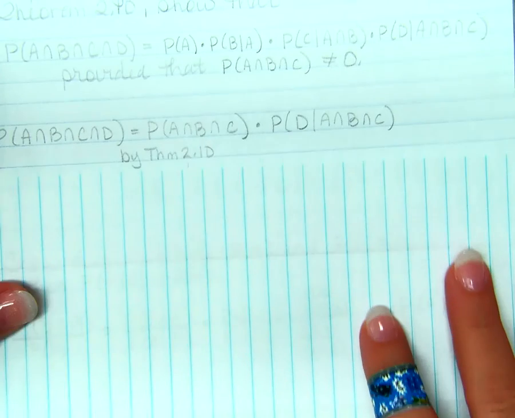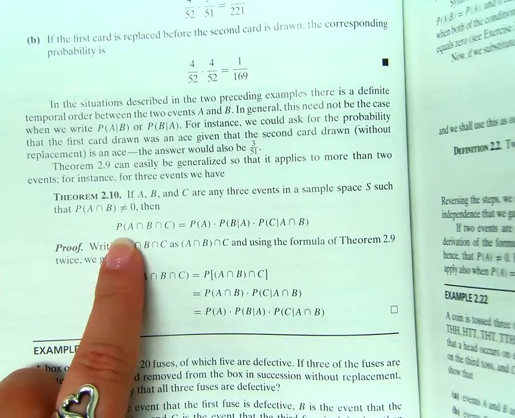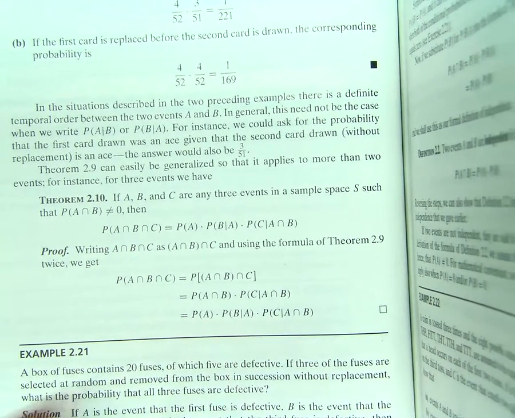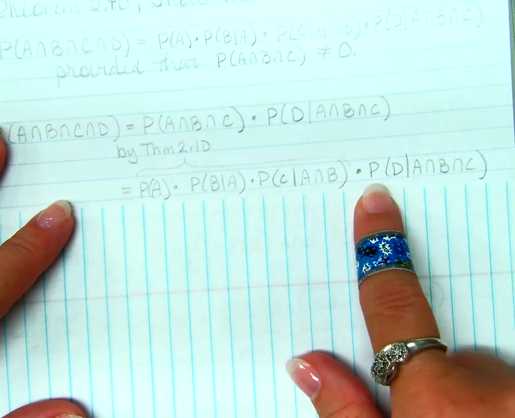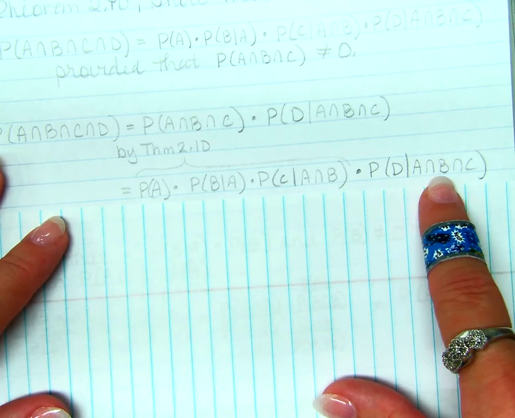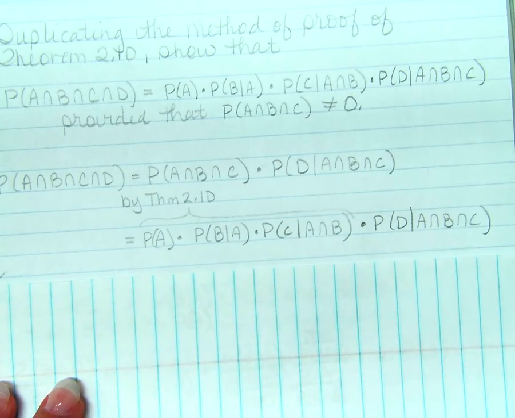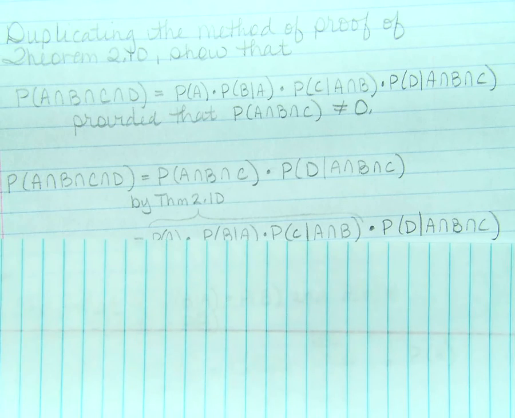By theorem 2.10, I know that the probability of A intersect B intersect C is that. So I just used what was in the textbook here, and then I had already separated out the probability of D given A intersect B intersect C. So that is my proof of that statement right there, which is problem number 2.19.